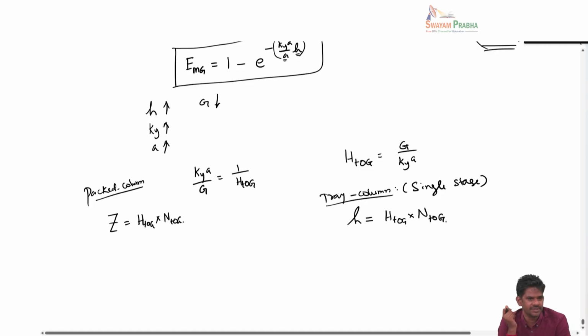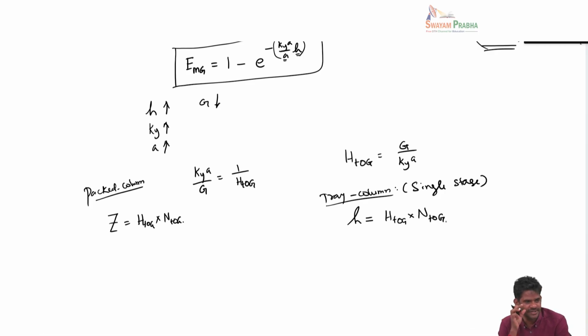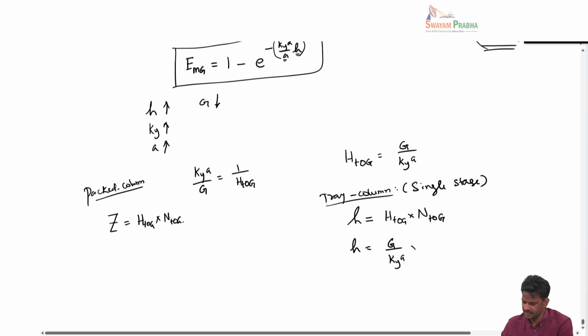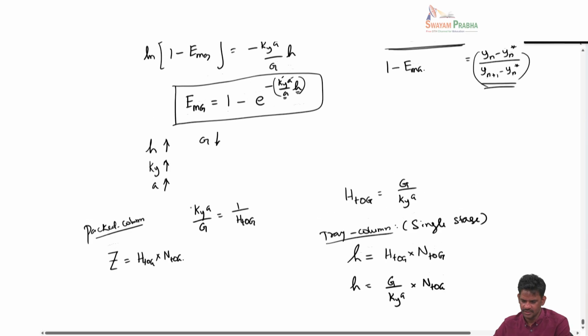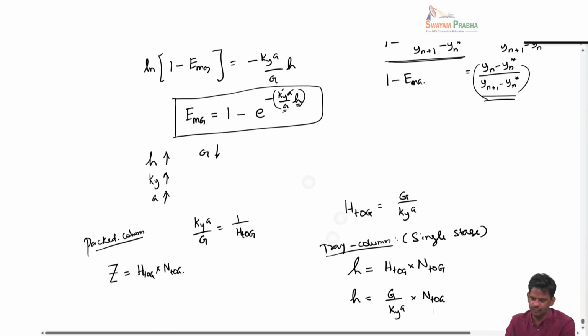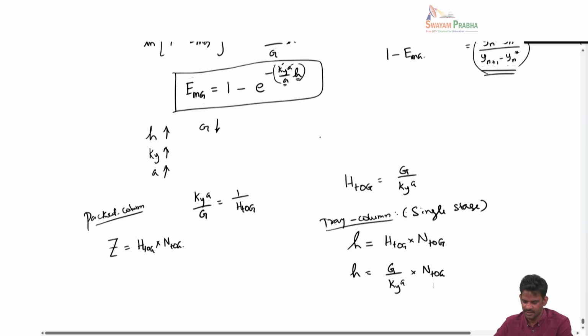So, I can use the same formula. The height of a single stage can be written as the product of an equivalent HTOG and NTOG, where HTOG is written as before, G by Kya, times NTOG. So now you see in the Murphy efficiency we have a group of terms which is nothing but h by HTOG.